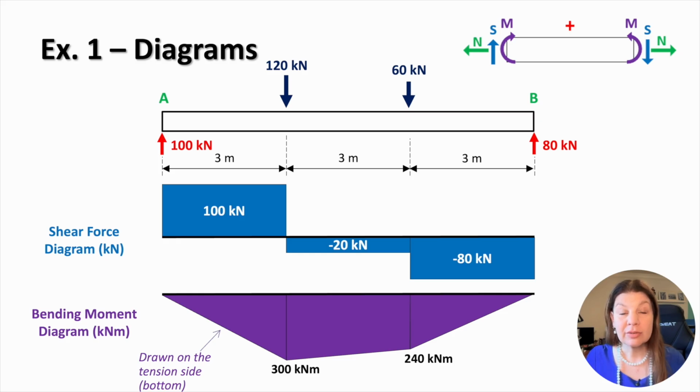The bending moment starts at 0 at support A, reaches 300 kilonewton meters at the first load, reduces to 240 kilonewton meters at the second load, and returns to 0 at support B. These diagrams summarize the internal force behavior of the beam under the applied loading.